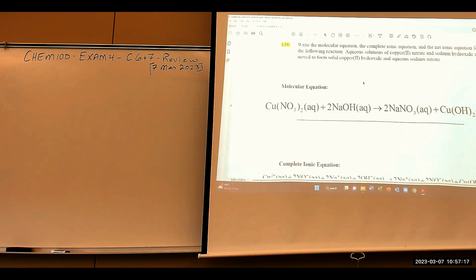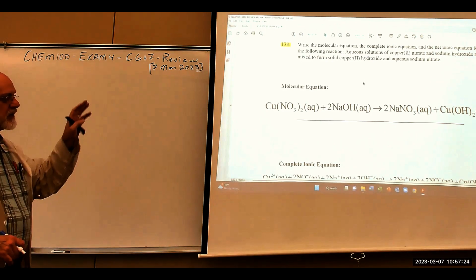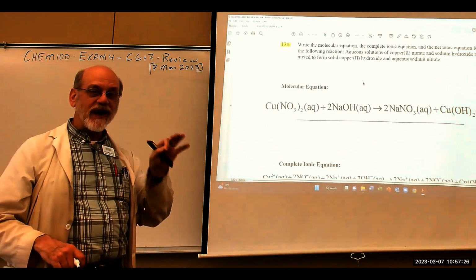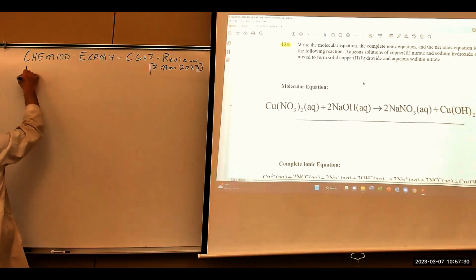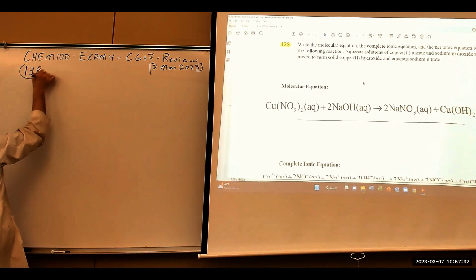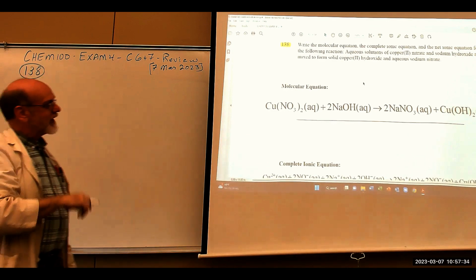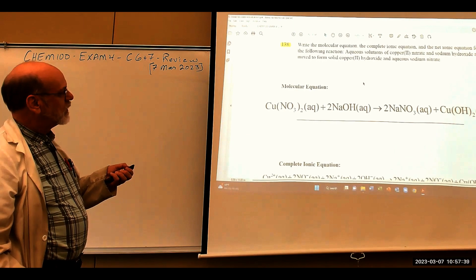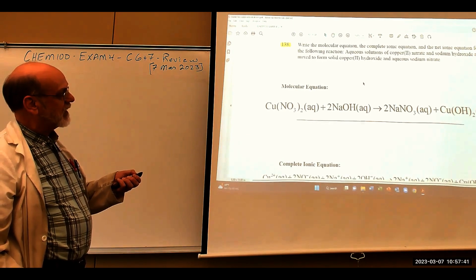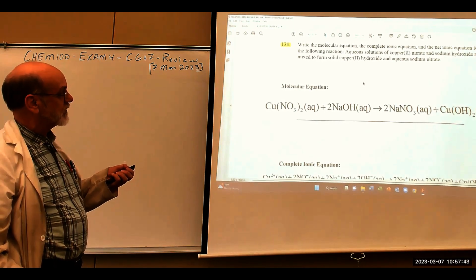Okay. There's more to it. I'll scroll down as we need. So we're given this word problem and we have to be able to write the compounds correctly. That's where we start. So we're reacting. Let's see. We want the molecular, the complete ionic, and the net ionic equation for this following reaction.